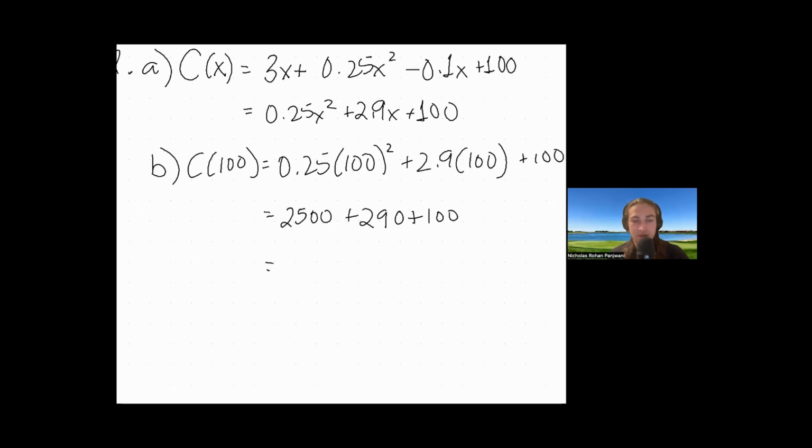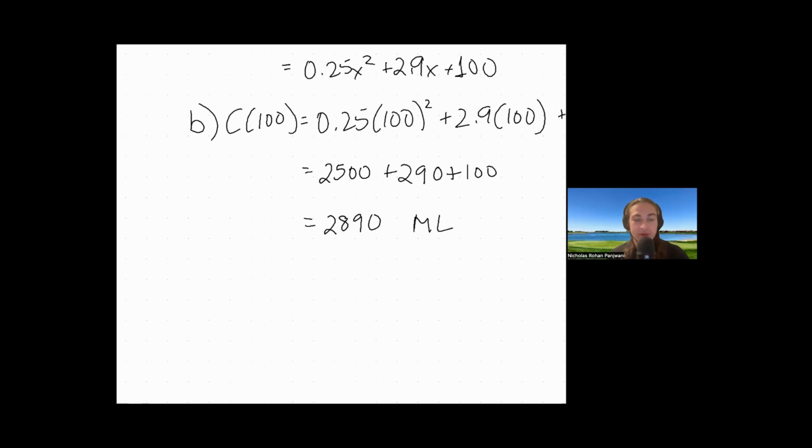So 2,500 plus 390. Maple leaves. Boom. We're gonna fly through this.